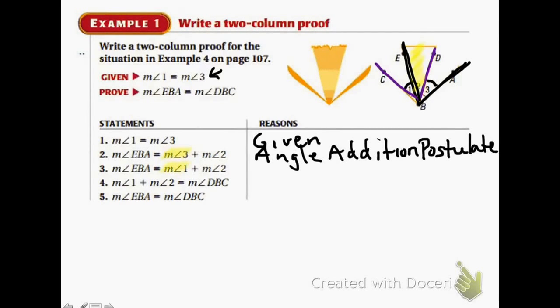So why did they make that change? Well, remember before they told us that 1 was equal to 3. So they took out 3 and put 1 in its place. What lets us take out something and put something equal in its place? That, of course, is the substitution property.